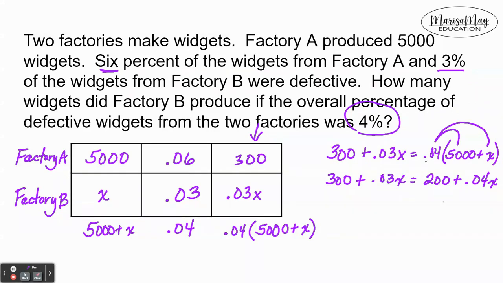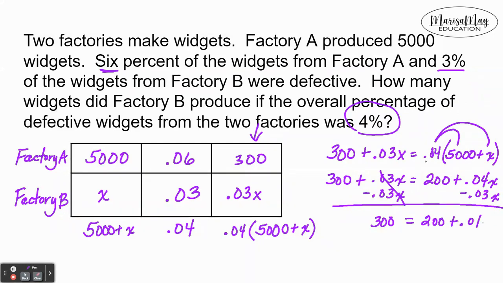Now I think we need to get all of our x's on one side, so I'm going to subtract the 0.03x. That leaves me with 300 over here, because these cancel out, equals 200 plus 0.01x.